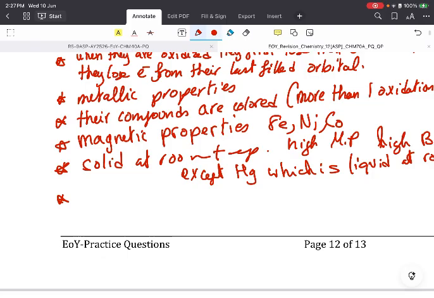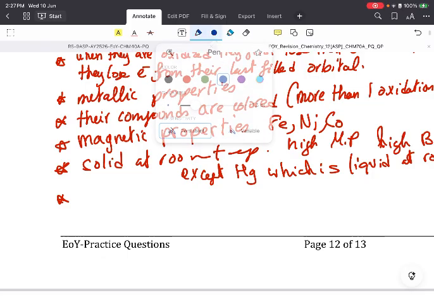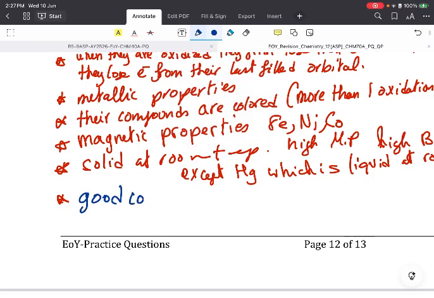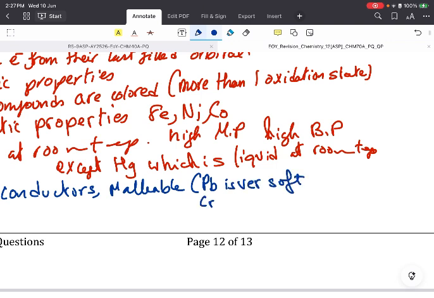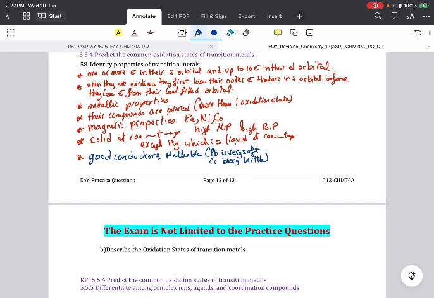For example, chromium is brittle. So you need to remember these properties. They are good conductors, and malleable. For example, lead is very soft, whereas chromium is very brittle. So their malleability can vary.